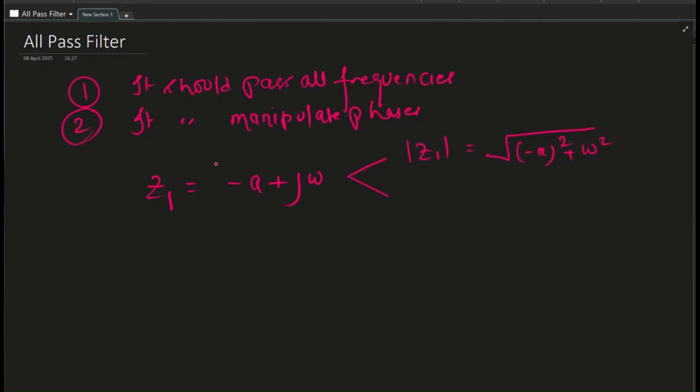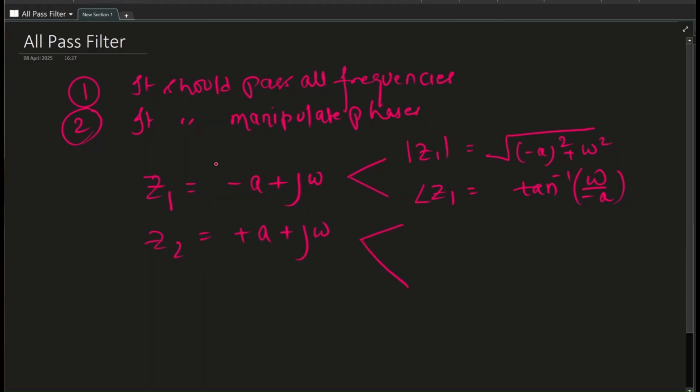And if we need to find its angle or argument, then the argument will be nothing but tan inverse of omega divided by minus a.